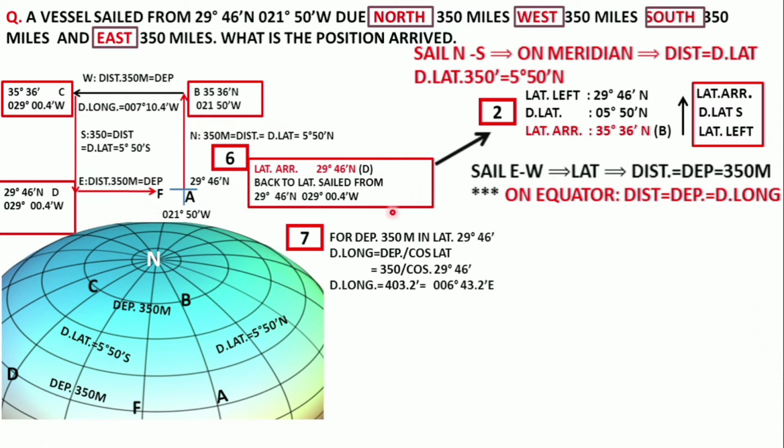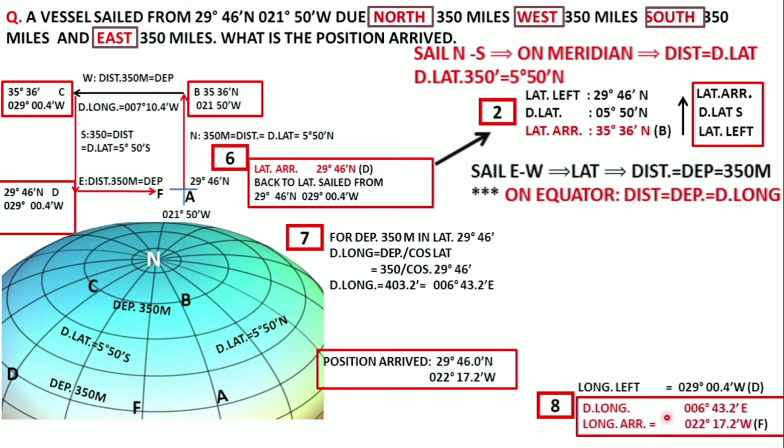The D long made with a departure of 350 miles in the latitude of 29 degrees 46 minutes is my D long here. The longitude left at B, D long easterly, gives the longitude arrived at F. That's my longitude arrived.